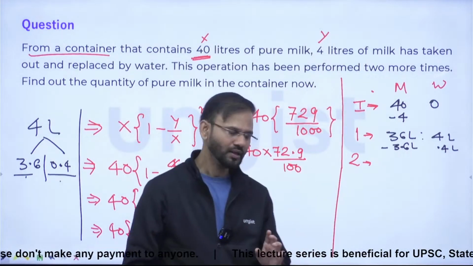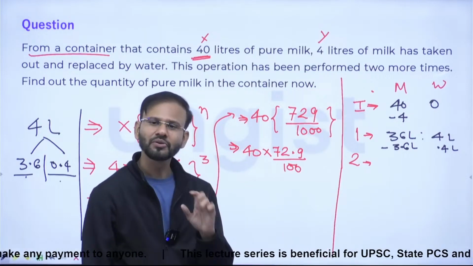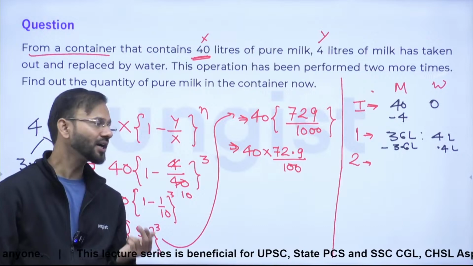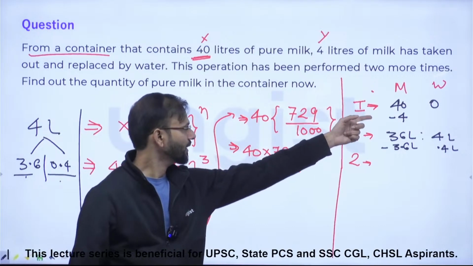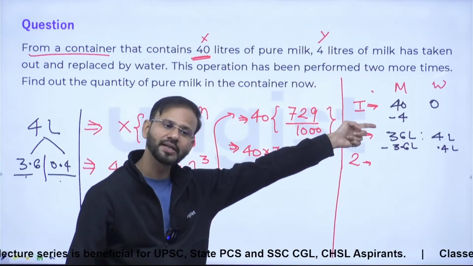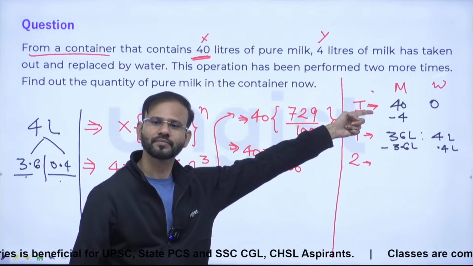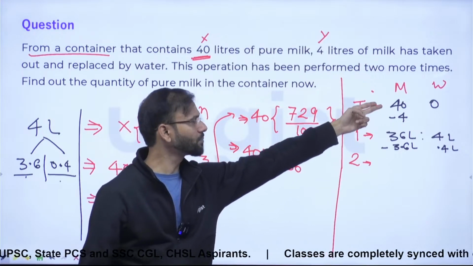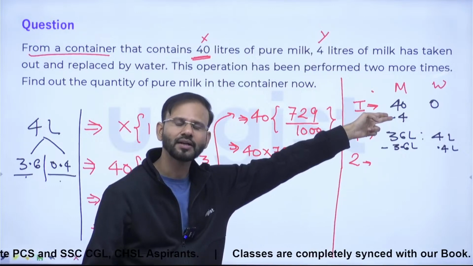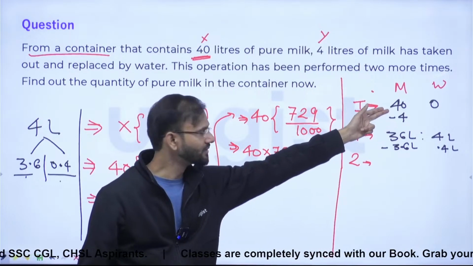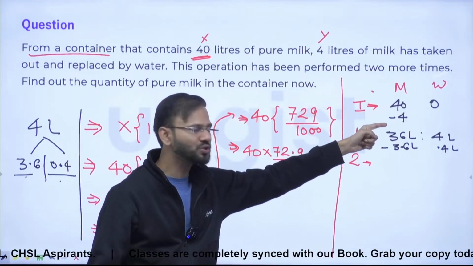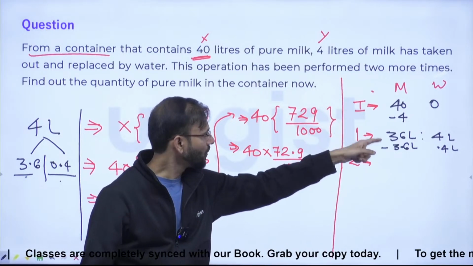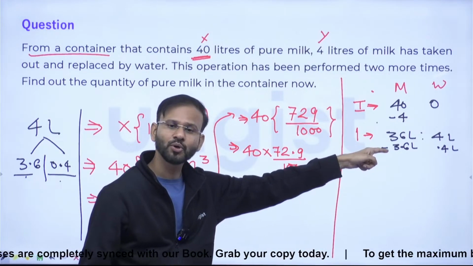Now, everyone, just think on it. What actually are we doing? Here this 4 is what percent with respect to 40? 10%, everyone. So water is reduced by 10% here. Now just look at this value, 3.6.